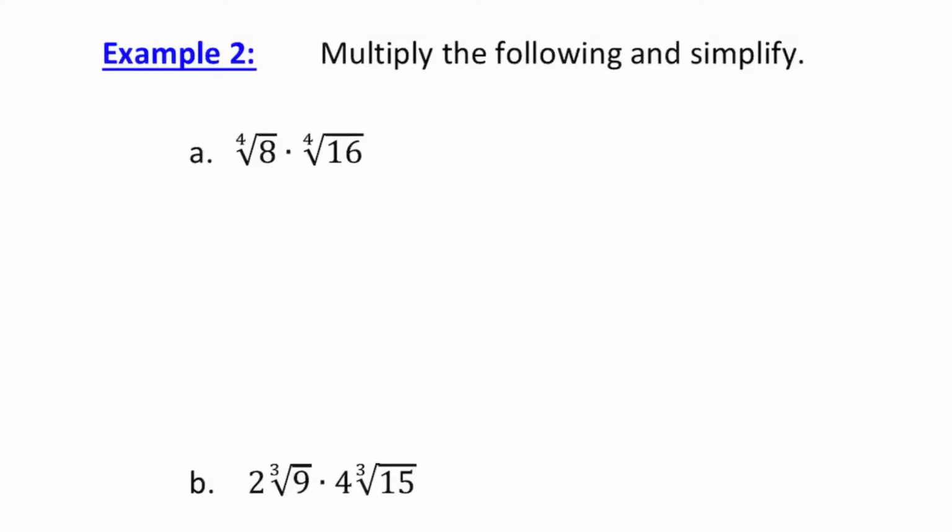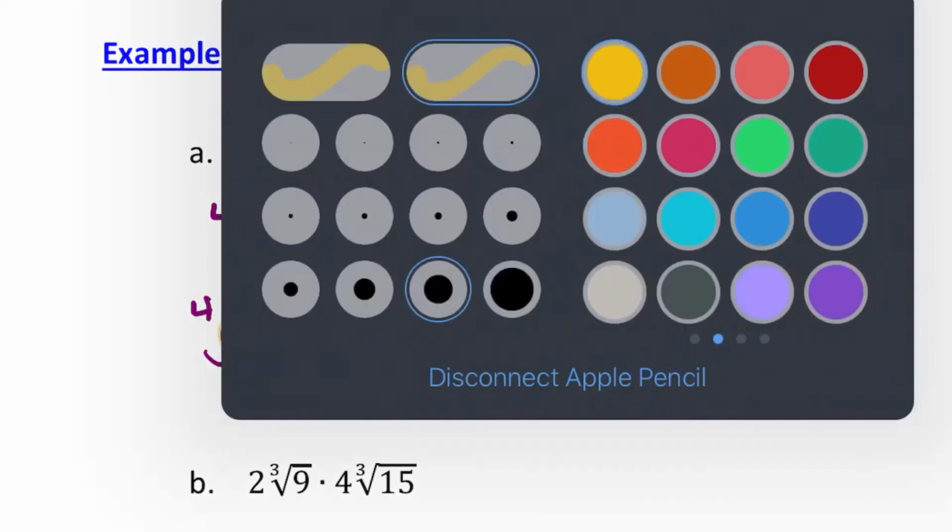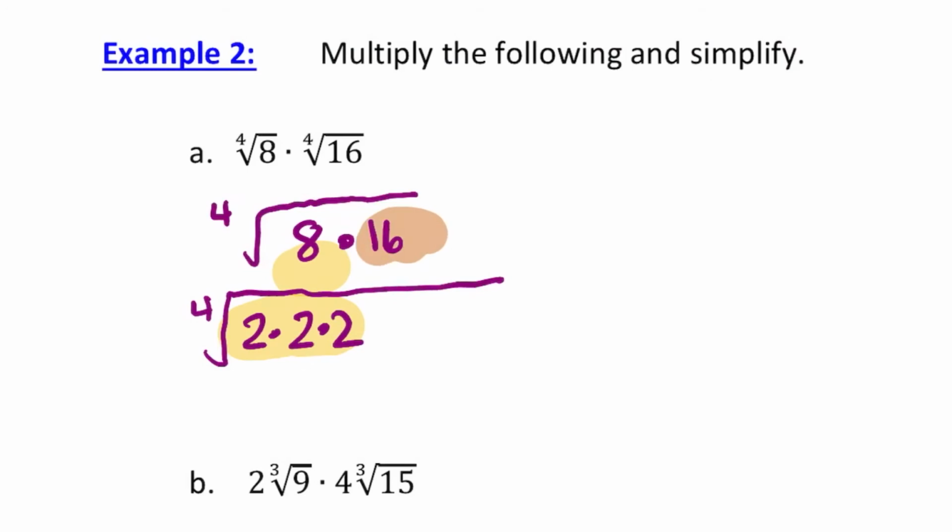We're going to multiply some radicals together. So first thing I'm going to do is just rewrite this as the 4th root of 8 times 16 combined. I'm not going to multiply 8 times 16 together because then I'd have to create a factor tree for a larger number. I'm just going to break them down individually. 8 is 3 factors of 2, and 16 is 4 factors of 2.